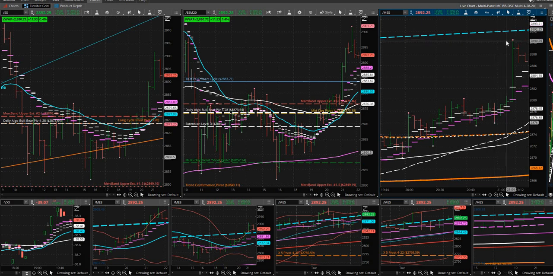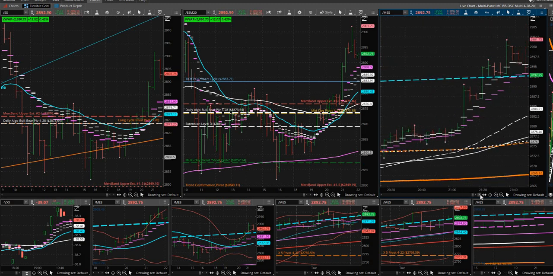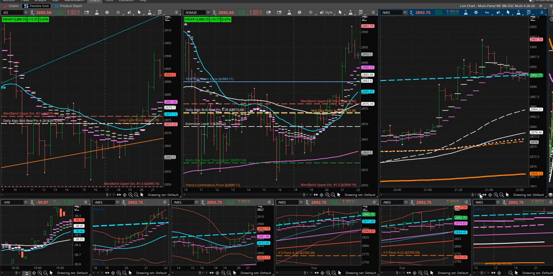You get this move up here to 28.90. Now, here too, that was not an invitation to go short. The white had not crossed back down through the purple. And what does it do? It goes one more time. You get a move up just above 2,900. And now we're getting another consolidation here.